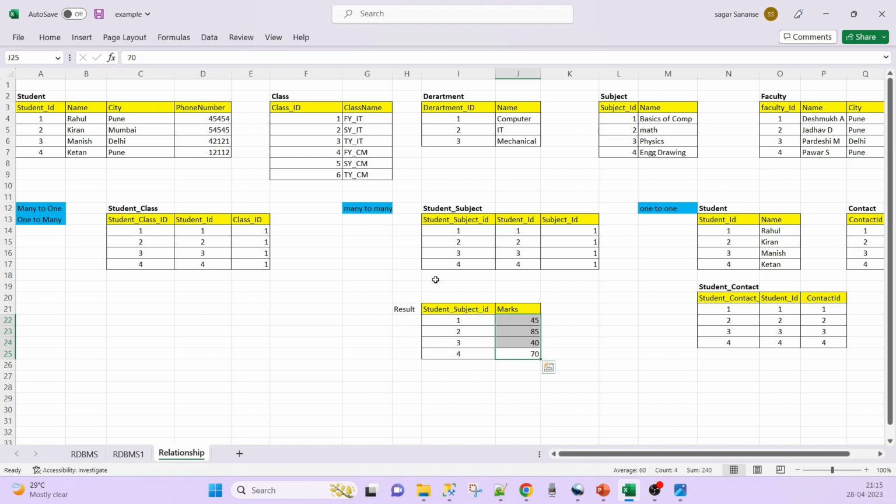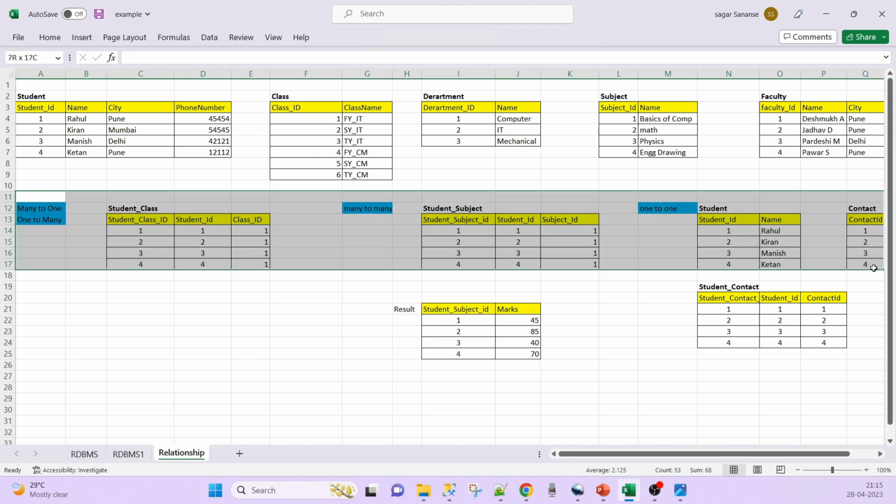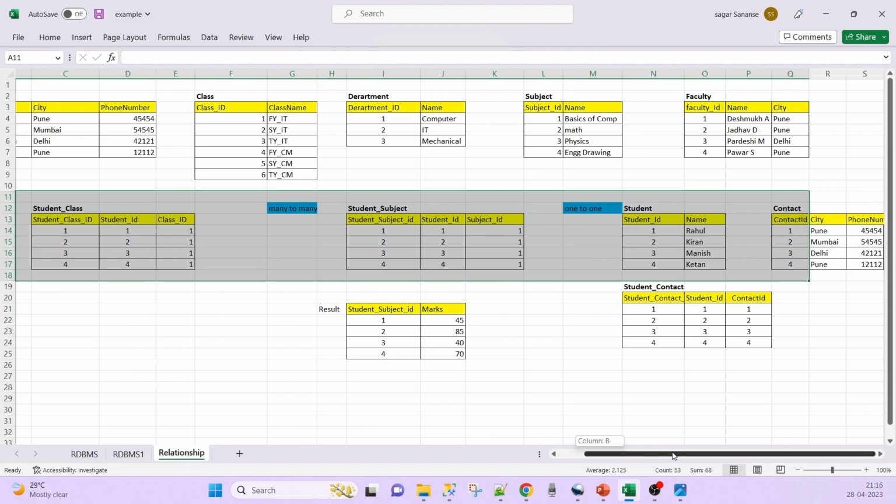This is a gradual level, but you have to think at this level first, and then you can think about it practically.